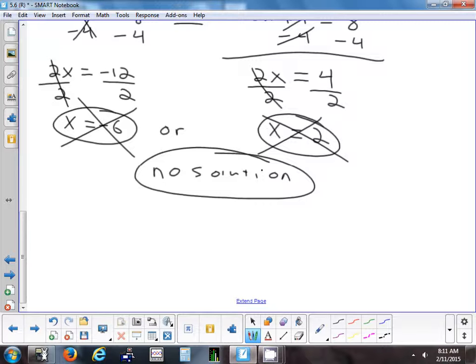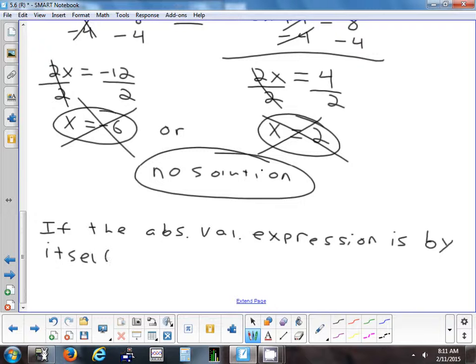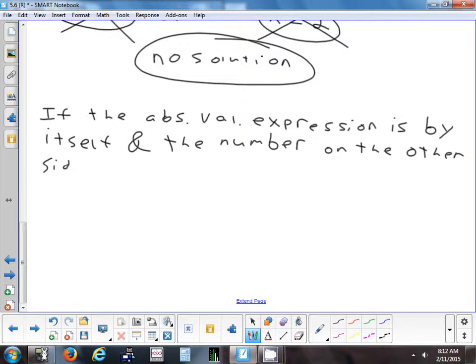And let me write down how you know if it's no solution. So if the absolute value expression is by itself and the number on the other side of the equation is negative, there is no solution.